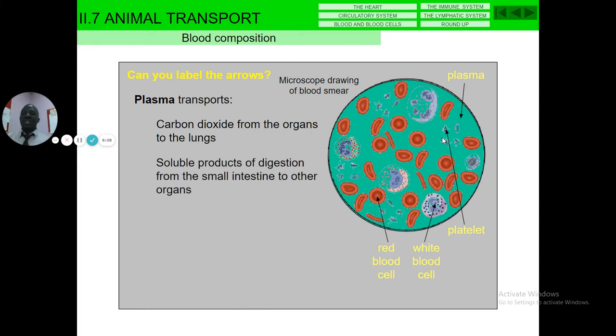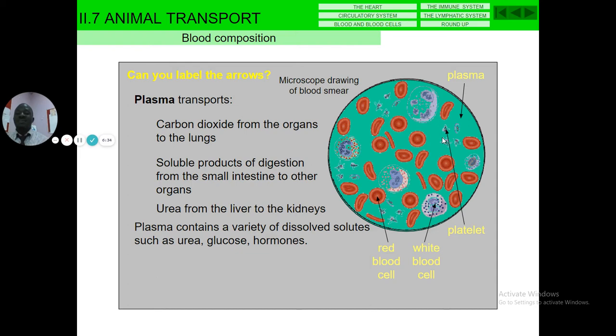As we proceed, we will see that soluble products of digestion from the small intestines to other organs are transported by plasma. So that's one of the transporting functions of plasma. Carbon dioxide from the organs to the lungs, that is plasma. Urea from the liver to the kidneys, that is plasma.